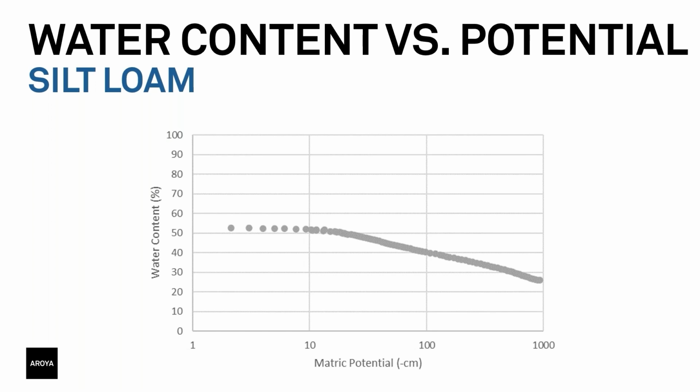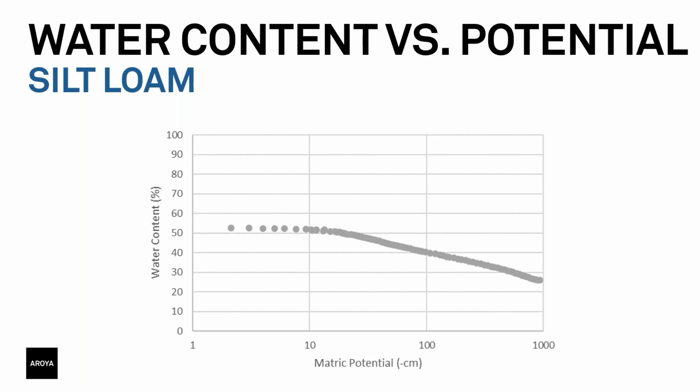Now notice that between -1 and -10 centimeters of water, the water content is almost constant, around 52%. That's the saturation water content of the soil. All of the pore space is filled with water, so there's 52% water and 48% soil minerals making up the total volume.